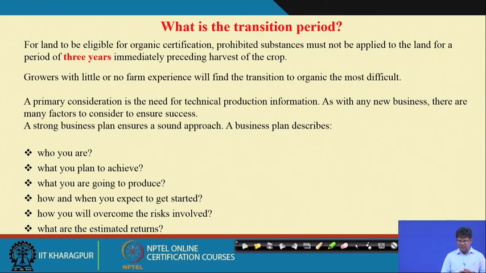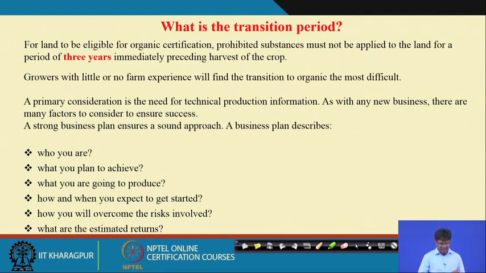Growers with little or no farm experience may find the transition to organic difficult. A primary consideration is the need for technical product information. As with any new business, there are many factors to consider to ensure success. So when you go for the transition, a strong business plan ensures a sound approach.